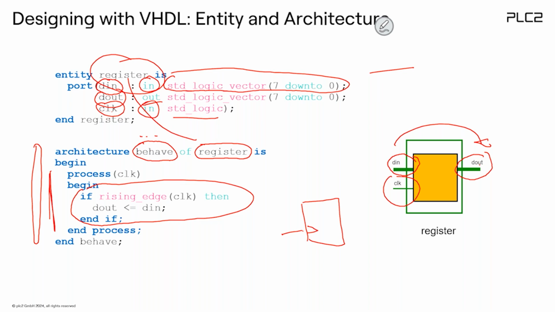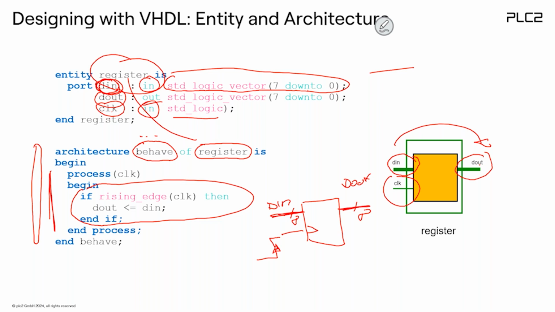If there's a rising edge of the clock, then the in must be output to the out. But because the type of the data input and data output is a vector, it's not a single line, it is 8 bits wide. So this is actually an 8-bit wide register. Very, very simple.